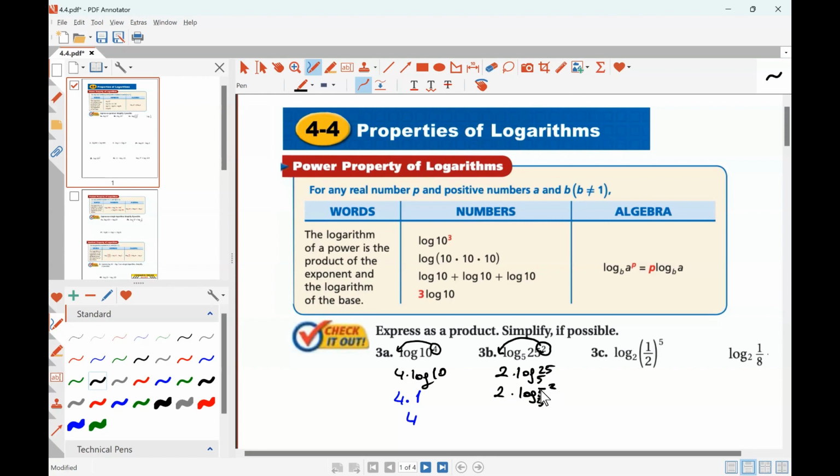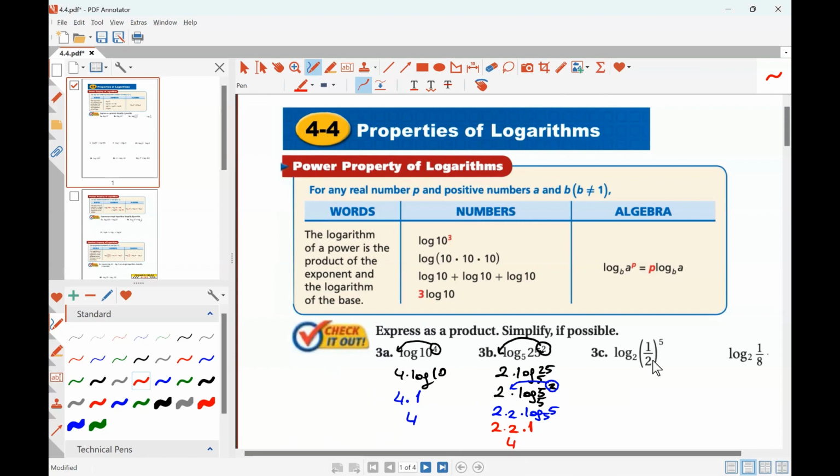So now I see another power. Let's pull this exponent out in front to become a coefficient. So it becomes 2 times 2 times log base 5 of 5. Log base 5 of 5 will be 1. So here I have 2 times 2 times 1, which makes 4.